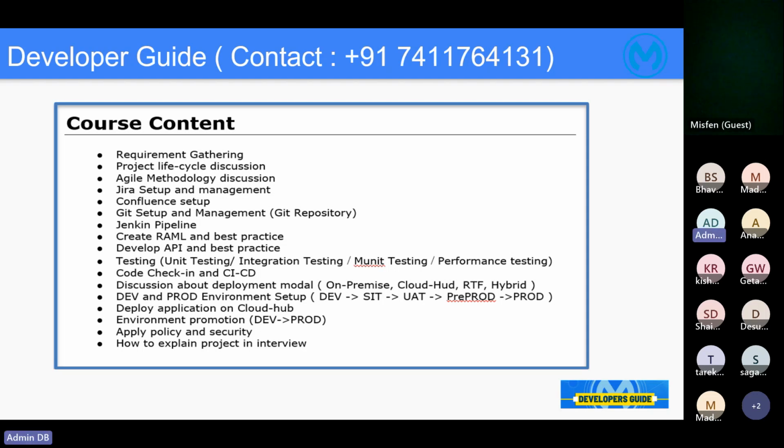To avoid those human mistakes, we can have an automated way to deploy your application. Here we will see from scratch how to configure the Jenkins software, how to create the pipeline, and how to use that pipeline or write the script to deploy our code on CloudHub. So we are going to use CloudHub, and we will deploy on CloudHub.